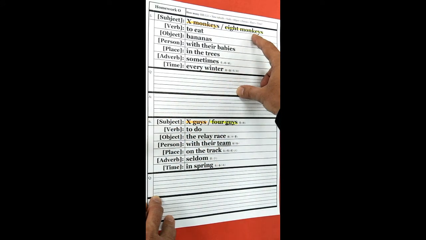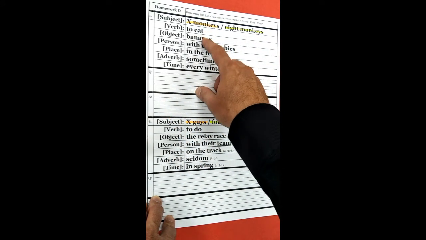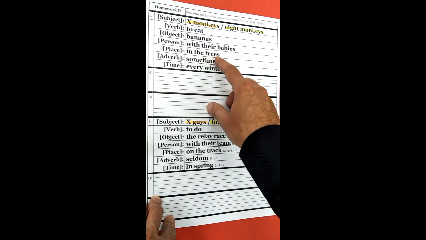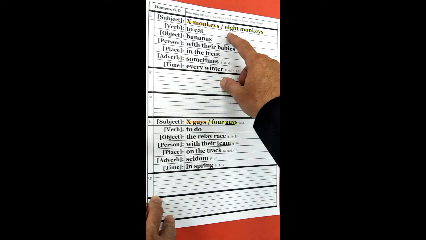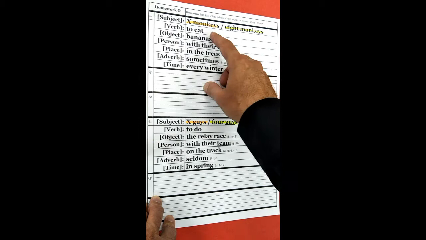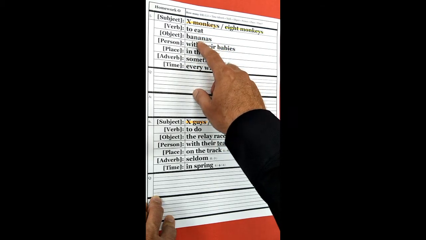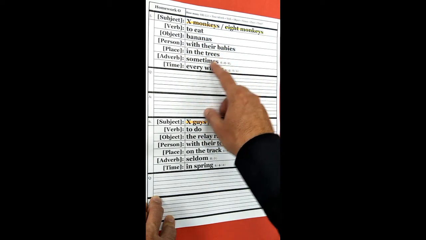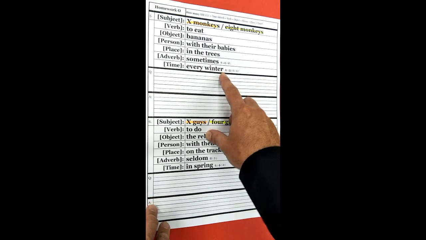Answer. 8 monkeys sometimes eat bananas with their babies in the trees every winter.